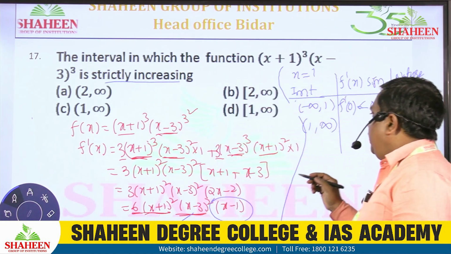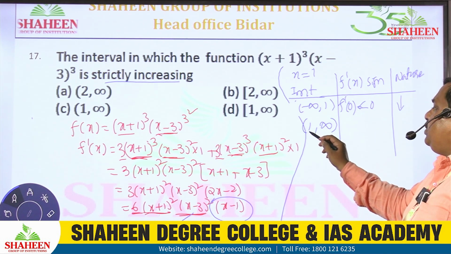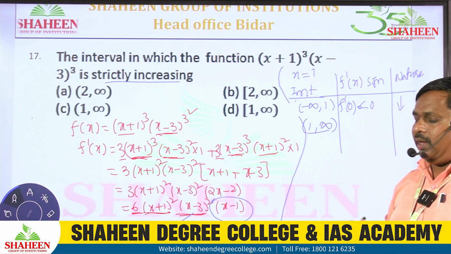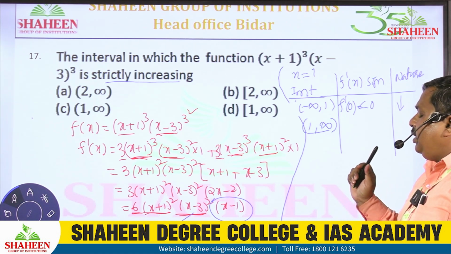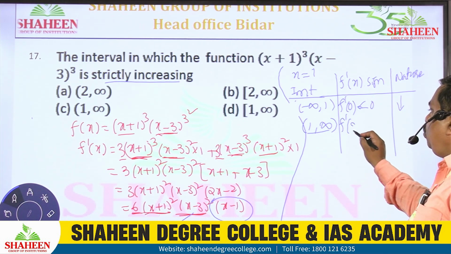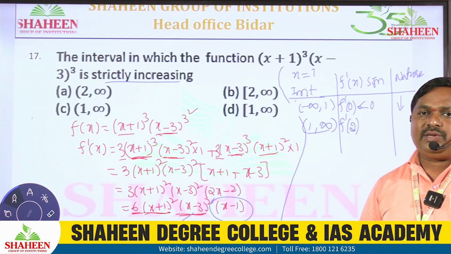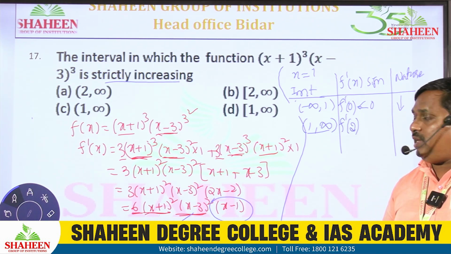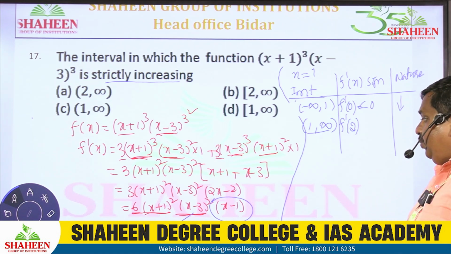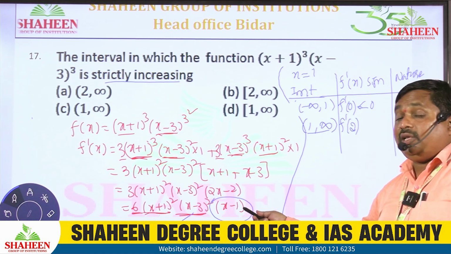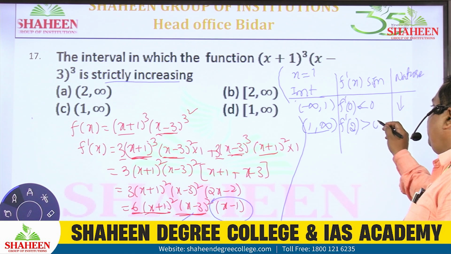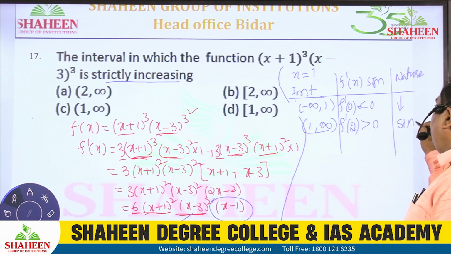Then if you put any value between 1 and infinity, if we take any number like 2 and substitute it in the first derivative, this becomes 2 minus 1. 2 minus 1 is 1. 1 is positive, so the first derivative is positive, then it is a strictly increasing function.